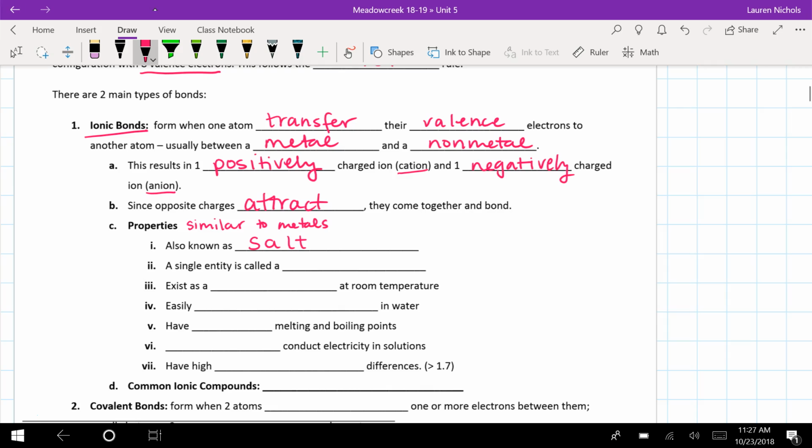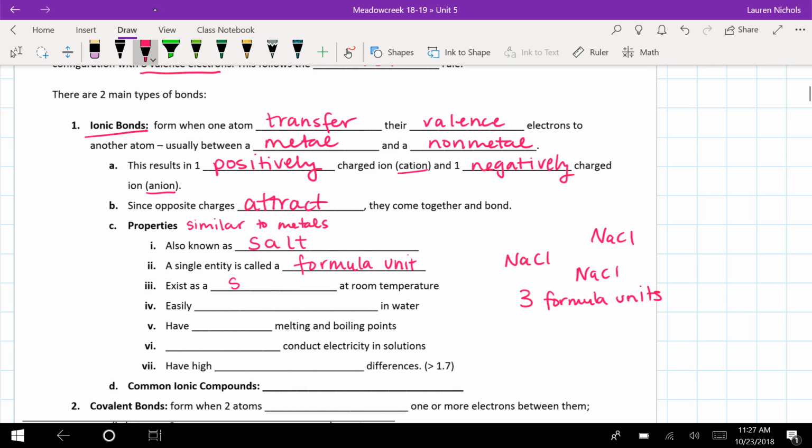A single entity is called a formula unit. What I mean by that is if I have NaCl, which is table salt, and I have 3 of those, that would be 3 formula units of NaCl, 3 individual units of them.